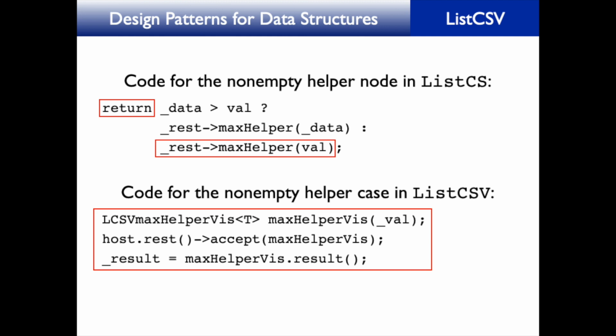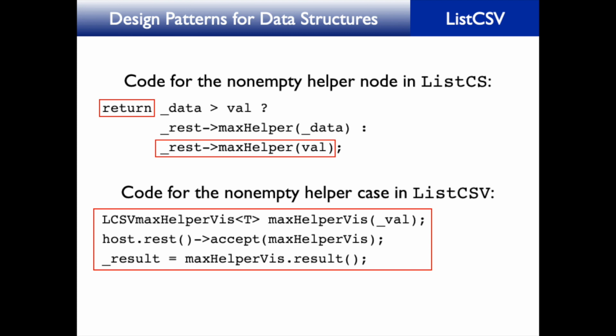And then finally, we have the code for the non-empty helper node in listcs. Now, in this slide, we're just comparing the trinary operator that we had in the original listcs, where we tested underscore data against val. And then the code for rest.maxHelper passing along val is shown here in the code for the non-empty helper case in listcsv.